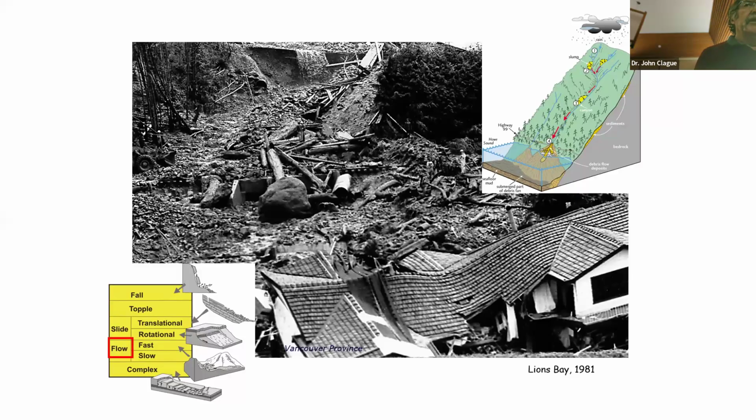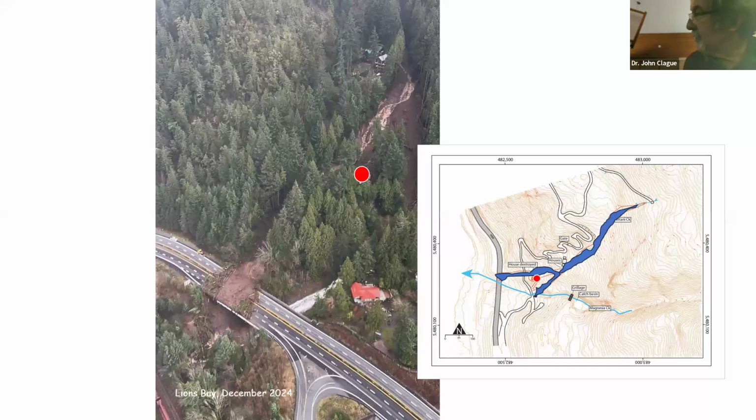And since then, there has been engineering to prevent that from happening again. However, Lions Bay continues to be at risk, as was shown by the event near Magnesia Creek late last year.